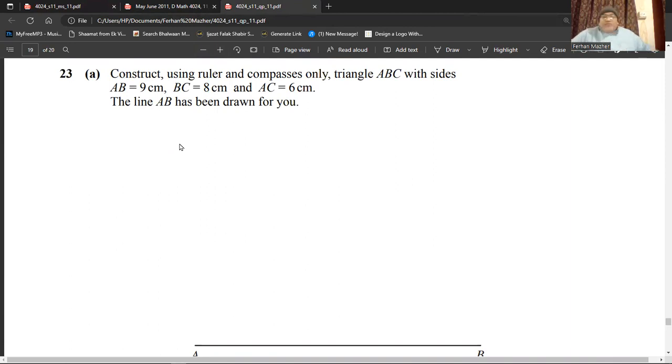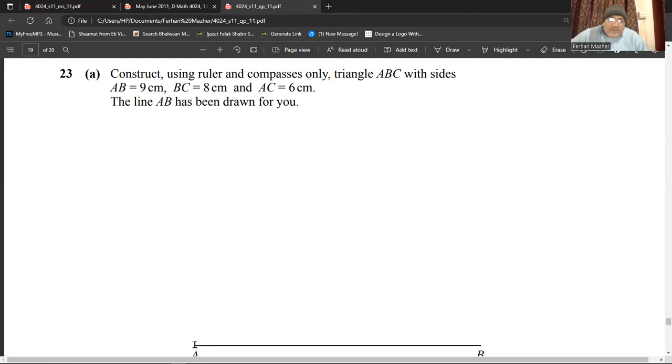Okay, so the AB is already here, so BC is 8. So open your compass 8 centimeter, put the needle of the compass on B, put an arc here. So take B as the center and draw an arc of 8 centimeter radius. Then open your compass 6 centimeter.